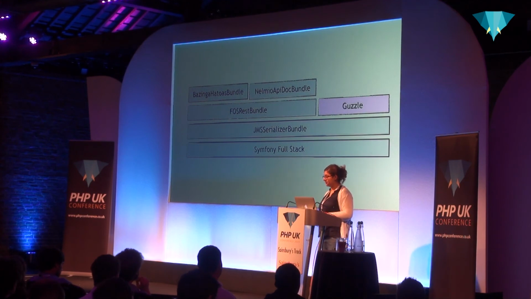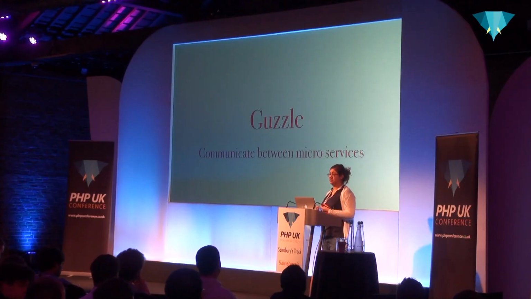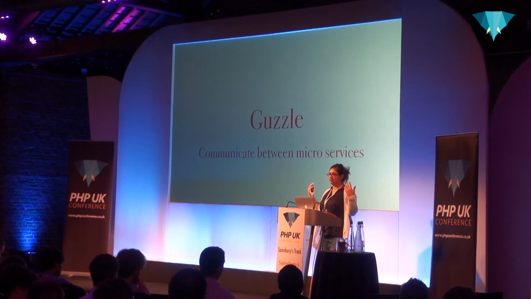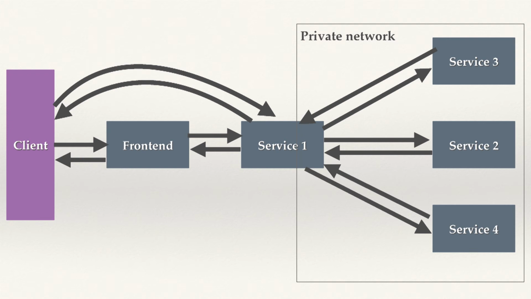Yeah, I'm going to talk a little bit about Guzzle, because in my experience, you could have a big application with a lot of services. When I say services, I say APIs, and you could have this kind of architecture.